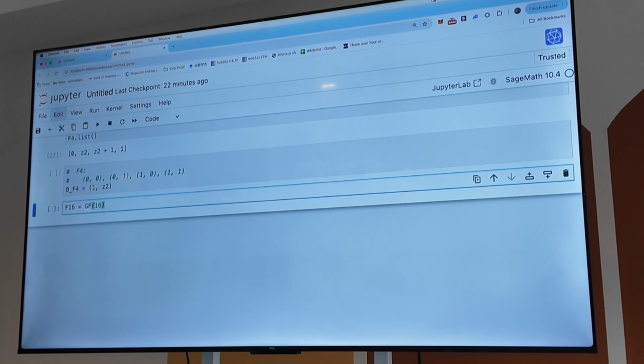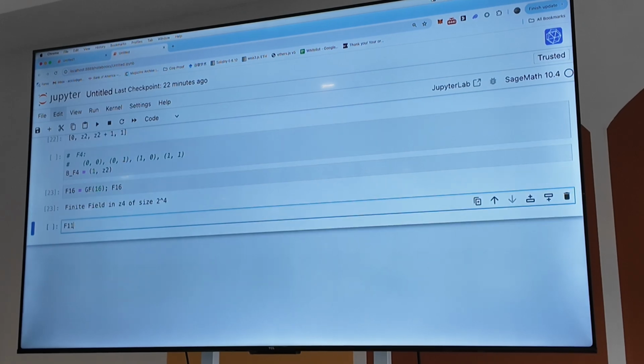First of all, we have one approach, just like the one we used to define F4: we use the GF function provided by SageMath to define F16 with 16 elements inside. Now we can look at all the elements inside.